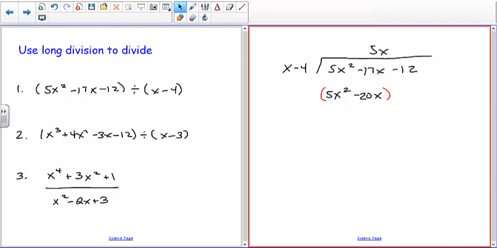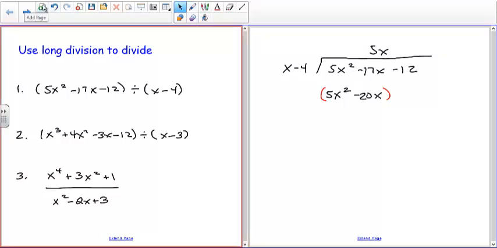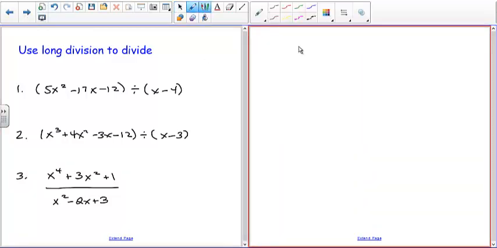So let's liken this to regular division. So if you have 24 divided by 5, you ask, what can I multiply 5 by to get 2? Well, there's no answer, so we're going to go to the ones case. What do I need to multiply 5 by to get 24? Well, if I multiply 5 times 4, I'll get 20.